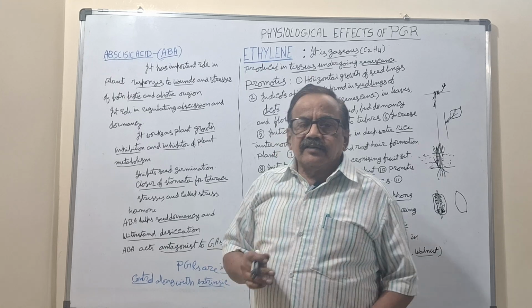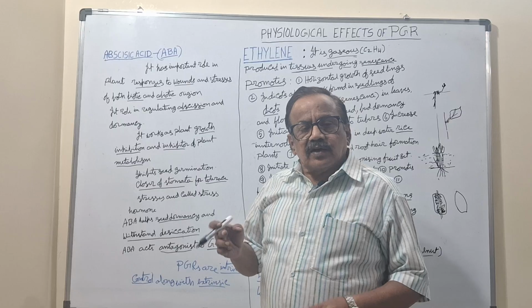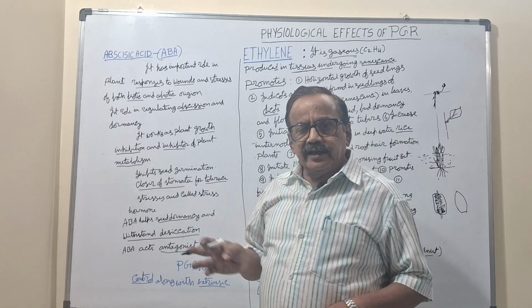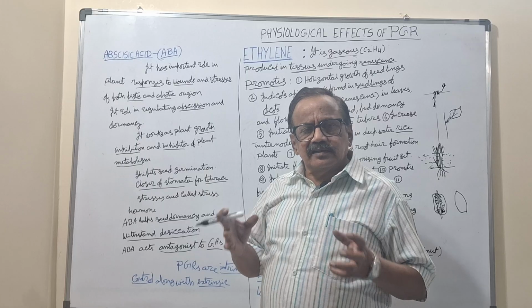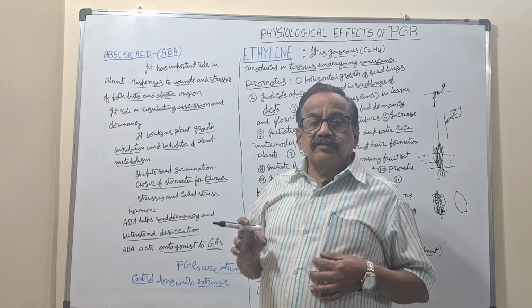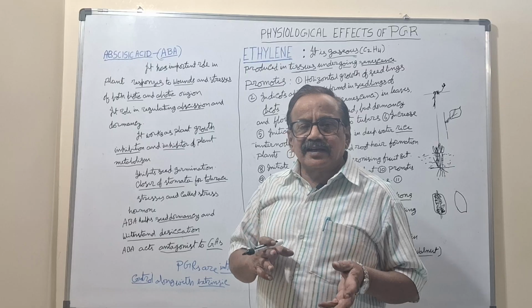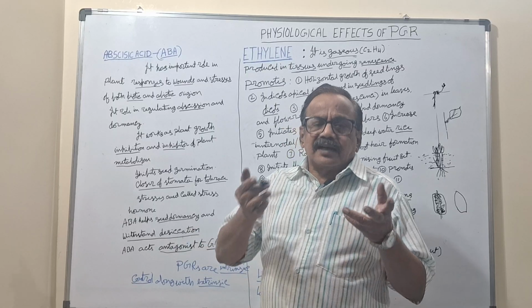External stress means water supply, and more heat and more cold. To avoid internal or external stress, the plant undergoes a sleeping condition of some organs or the entire plant. That sleeping is called dormancy.